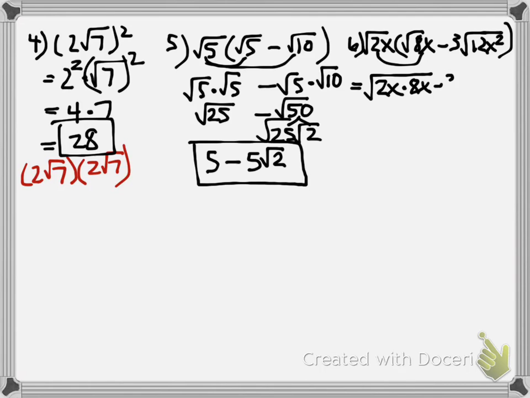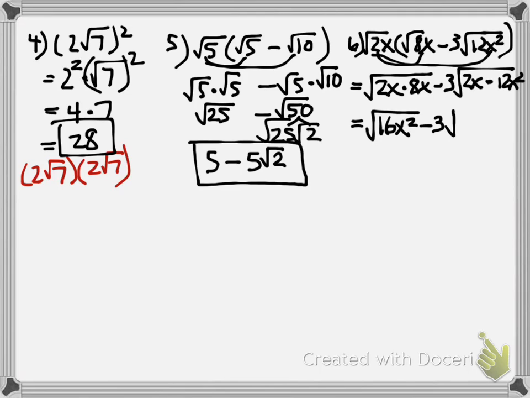And then there's a minus and a 3 on the outside. And radical 2x times the 3 radical 12x squared. Underneath it's going to be the 2x times the 12x squared. So here I get 16x squared minus 3 times radical, and I get 24x cubed.